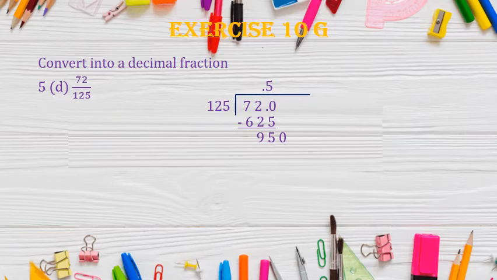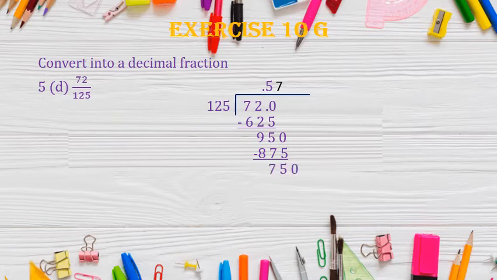So we divide 950 by 125. So 125 sevens are 875. So in the quotient we will write 7 after 5, and now subtract 875 from 950.